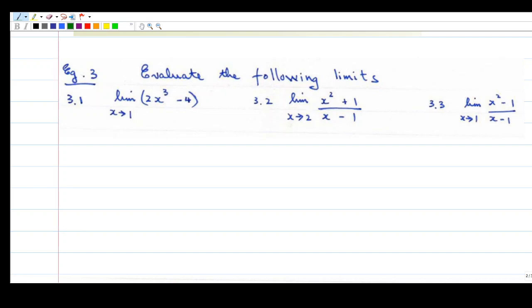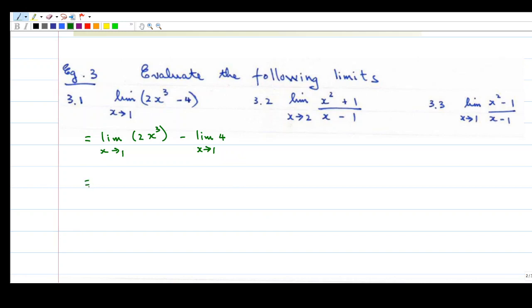Here you've got the limit of the difference of two functions. So this is equal to the limit as x approaches 1, right, of the function 2x cubed minus the limit of 4 as x approaches 1.